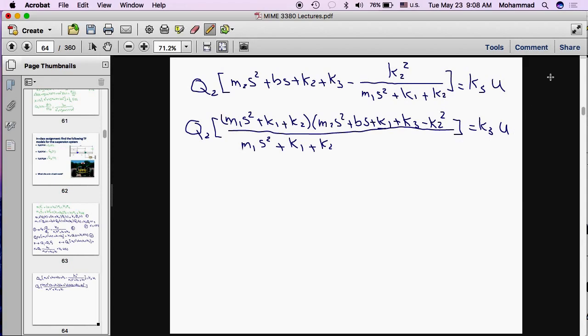This should be K2, right? So this is K2 plus K3. Let me see if I can erase and change that to K2. So this is K2 plus K3 minus K2 squared, and the parentheses is closed.